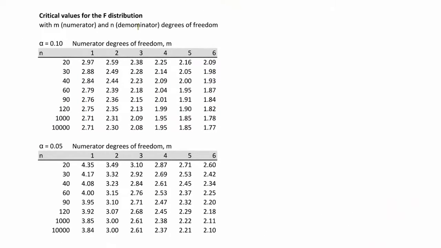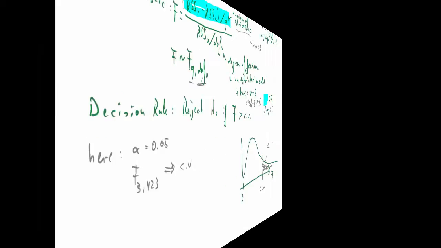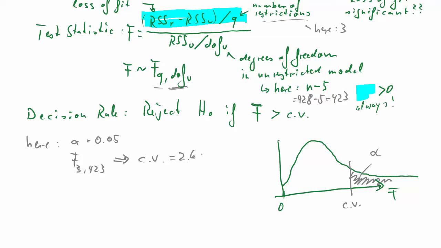So we'll go to a table. For an F distribution, we look at the subtable for alpha of 5%. Then we have numerator degrees of freedom, in our case called Q, and we had 3, and then denominator degrees of freedom 423, somewhere between these numbers. Let's just use the larger one. It doesn't really matter which one you use. So it's 2.61, which is the critical value.